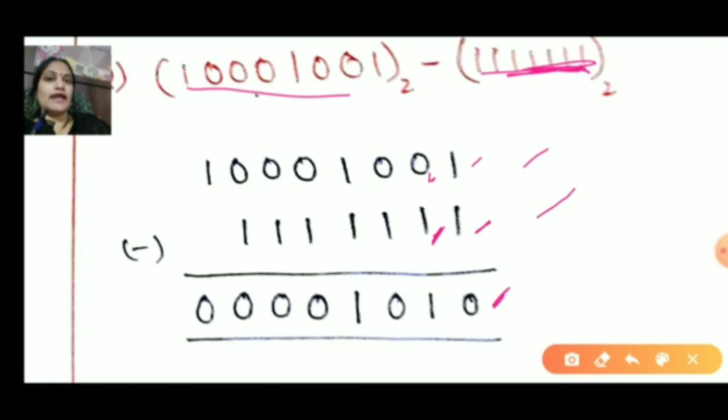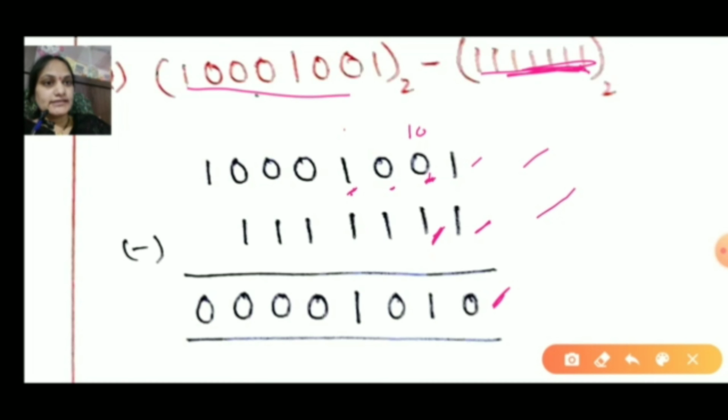That's why you have to take borrow. And here 0 is unable to give 1 borrow. That's why you come to this 1. So this 1 will give borrow to this 0. So after taking borrow from 1, this 0 becomes 10. And this 1 is decremented by 1.